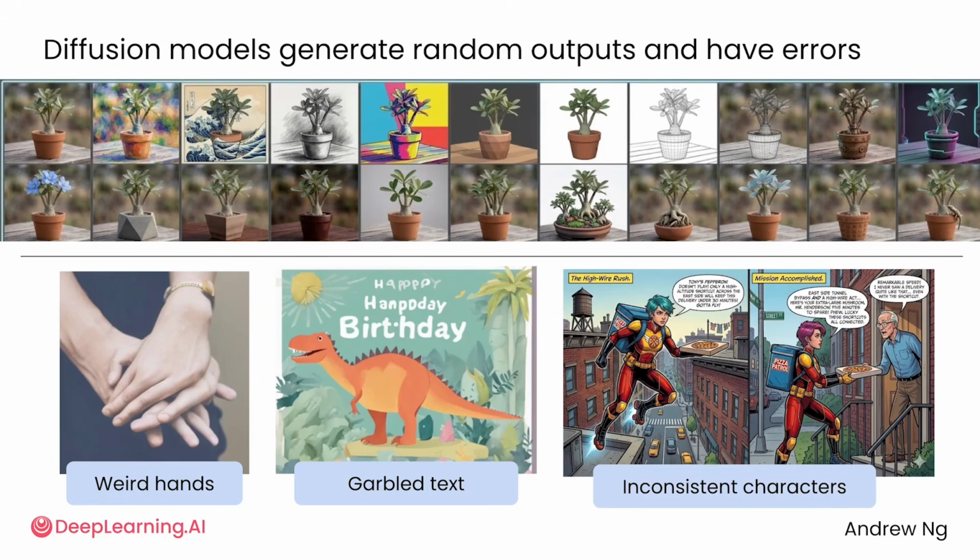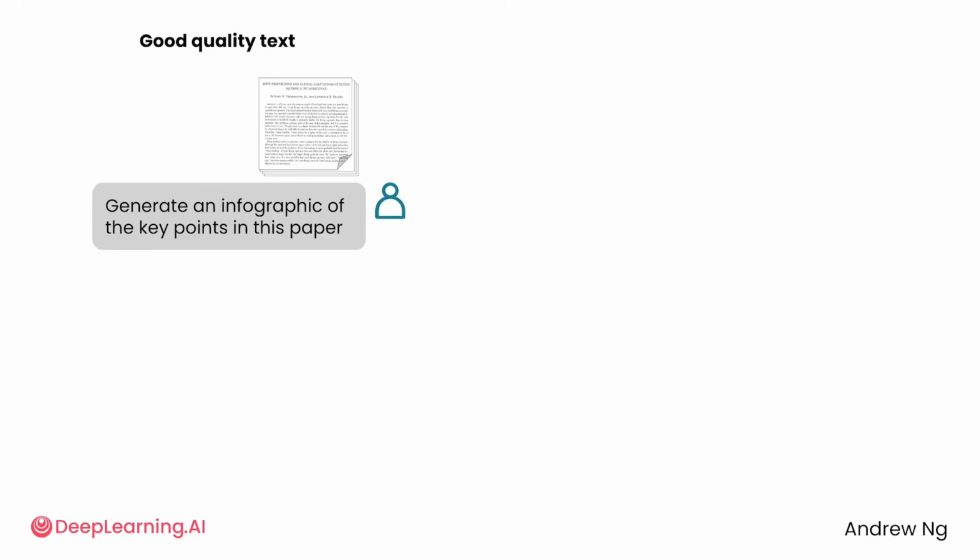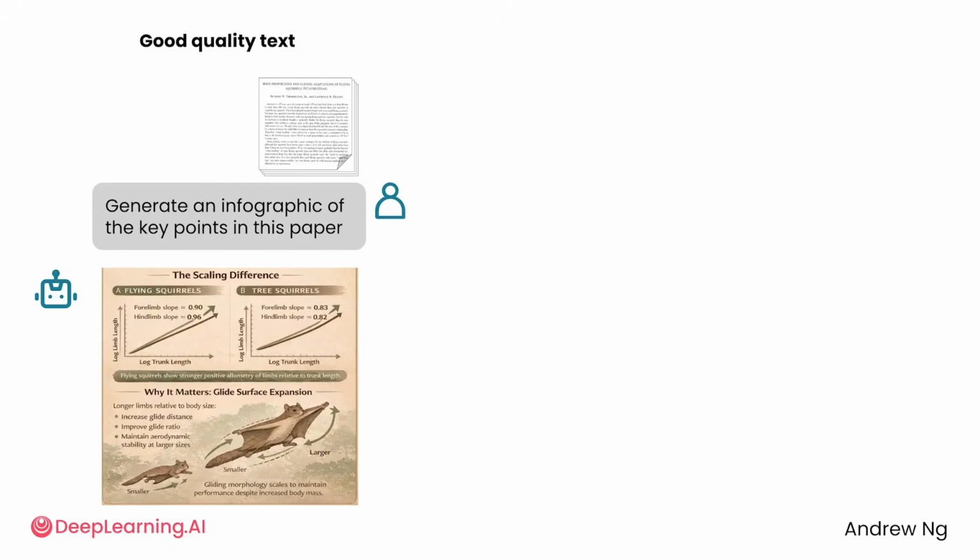So if you ask it to generate a cartoon, the character's hair has changed between the 2 frames of this cartoon. Fortunately, modern AI models have become much better at addressing these problems. For example, modern models like NanoBanana can allow you to upload a number of research papers and ask it to generate an infographic, and it'll do a decent job with text that looks mostly plausible.